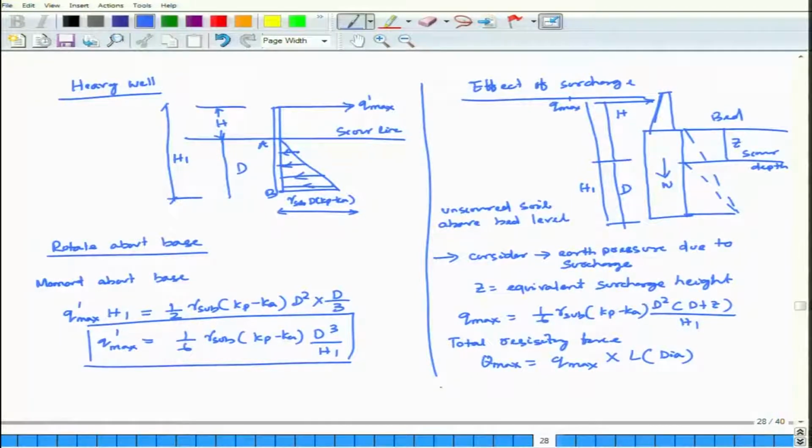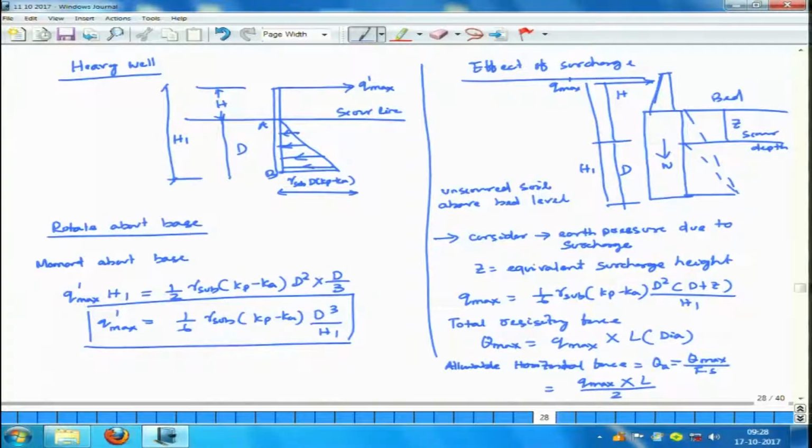Allowable horizontal force QA is equal to Q maximum by factor of safety, which is equal to Q maximum into L by your factor of safety. Generally, factor of safety is taken as 2.